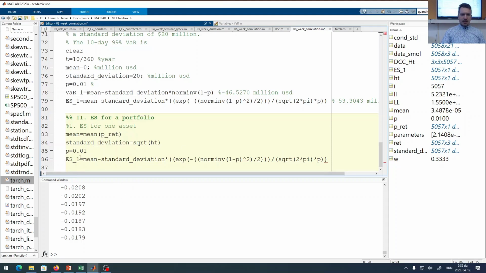Okay, the mean is constant, but the standard deviation is not, so we need a for cycle.